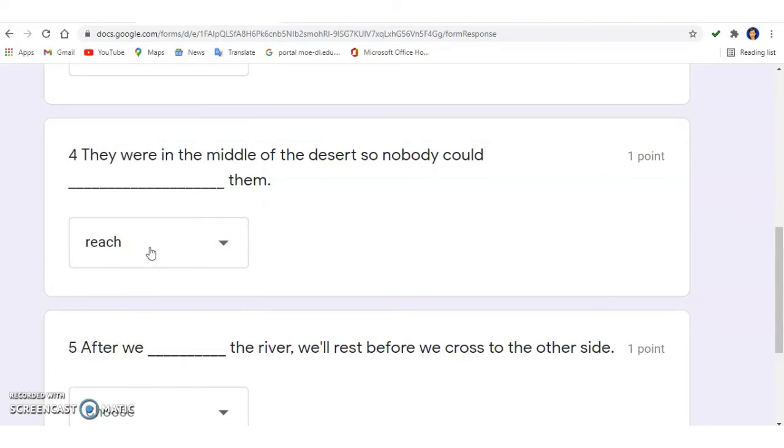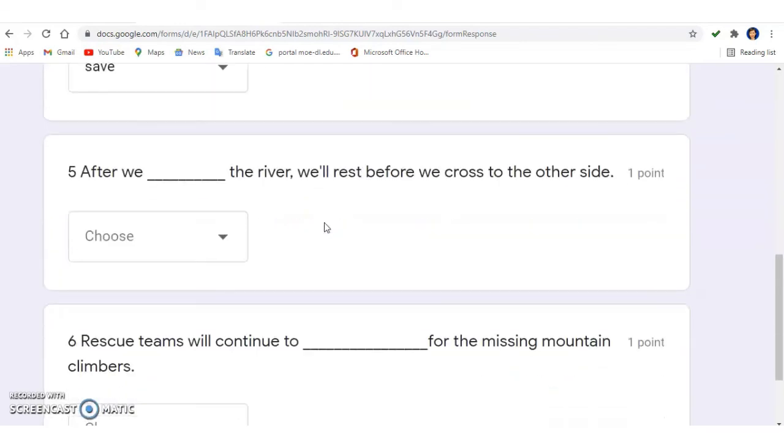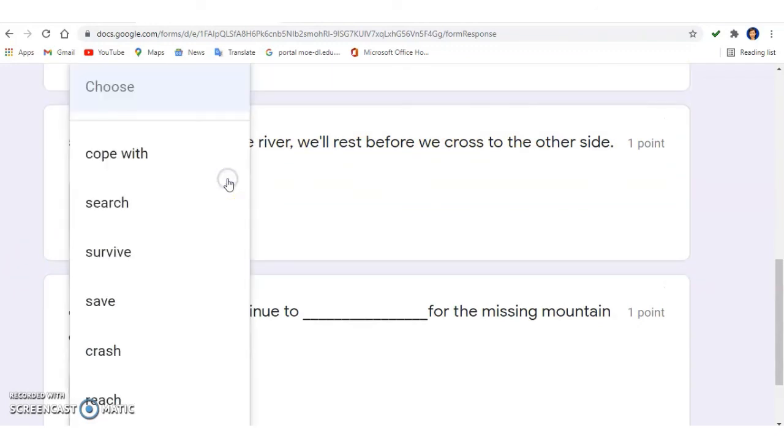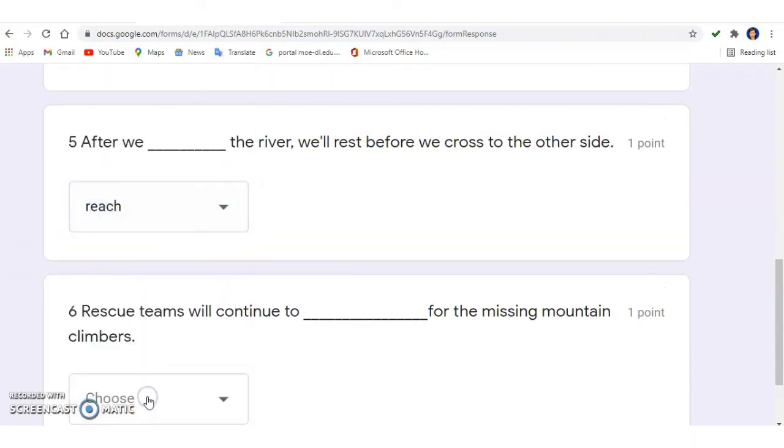Nobody could reach them. Save or reach, both are acceptable in this question. Number 5. After we blank, this is a destination, the river, a place. We rest before we cross to the other side. What should you fill in here? After we reach the river.